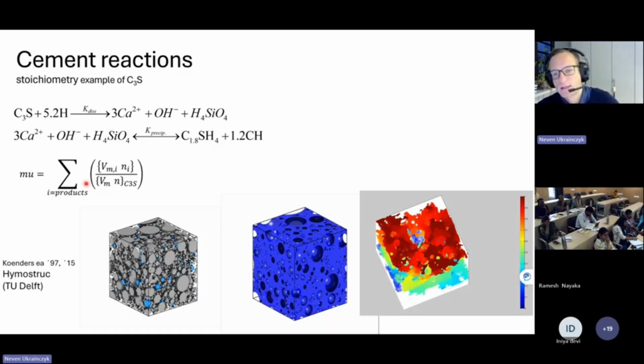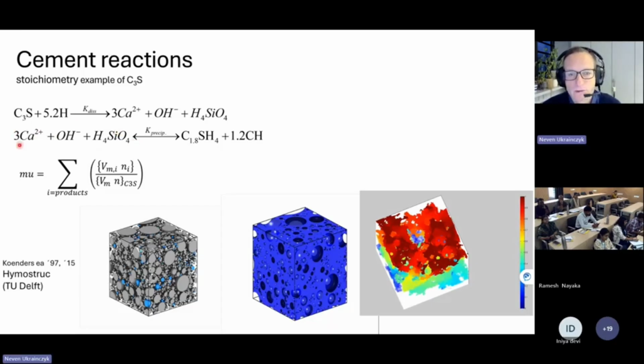But you should remember that if you want to really go into the fundamentals of the reaction, the rate of this reaction depends on how far these ions are from the equilibrium. So if you really want to model the fundamental kinetics, you should couple it to the thermodynamic models, and the rate is a function of how far you are from the equilibrium.